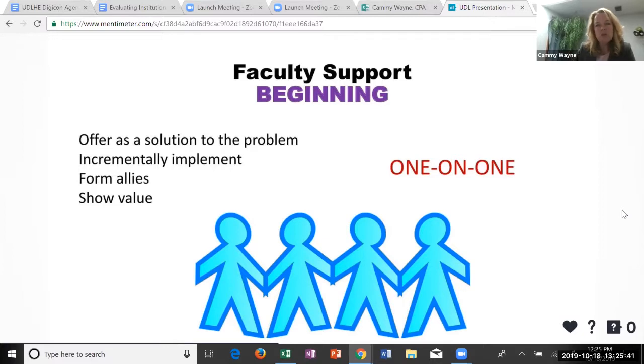If we can show them and introduce them to UDL as a solution to their problem, they're going to be more apt to adopt some of these principles. And once it shows value, then the faculty will use it. Once we have a couple of faculty buy-in, they can start forming allies and we can progress in this movement.